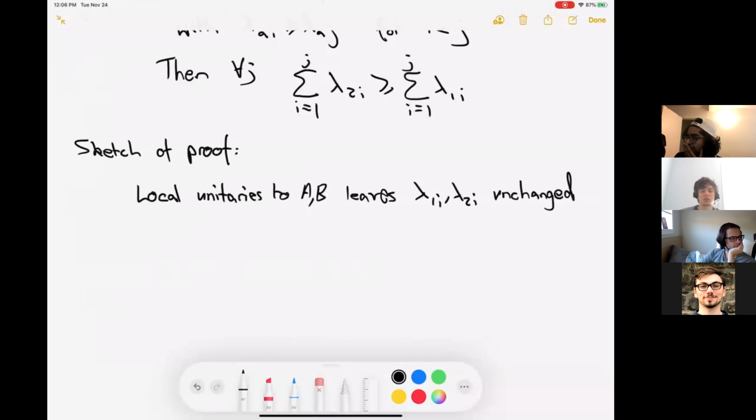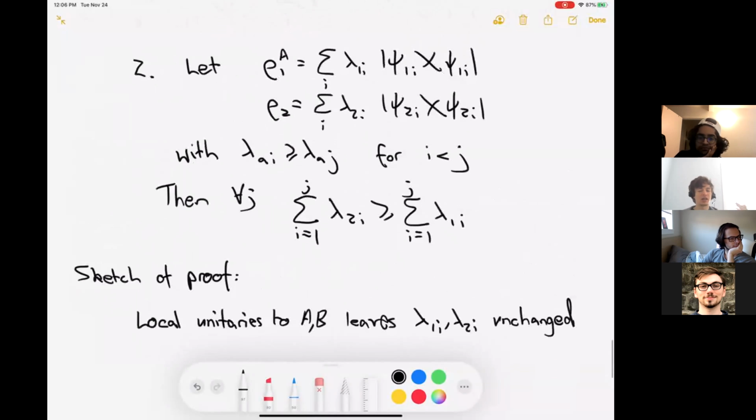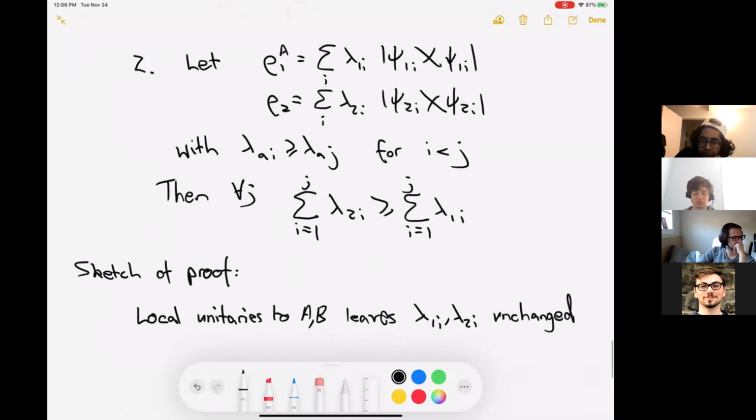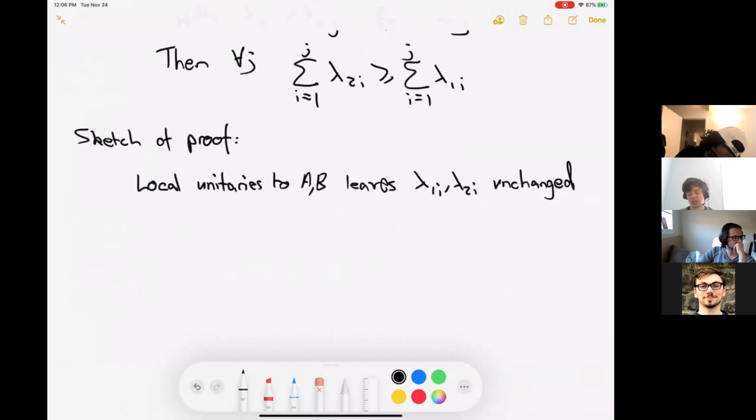If we apply a local unitary to, say, A, then it changes the eigenstates in the reduced density matrix of A, but it doesn't change the eigenvalues, because the reduced density matrix of B is unchanged and A and B have the same eigenvalues. And conjugating a matrix with a unitary doesn't change the eigenvalues.